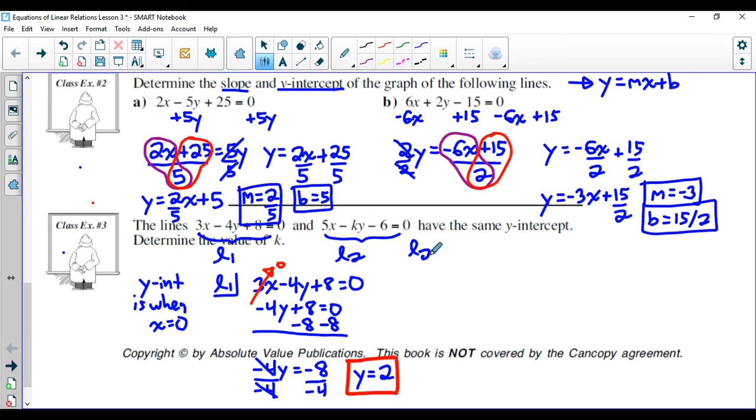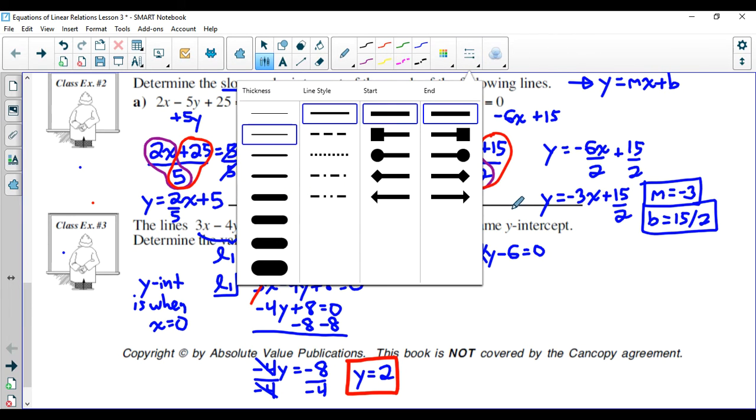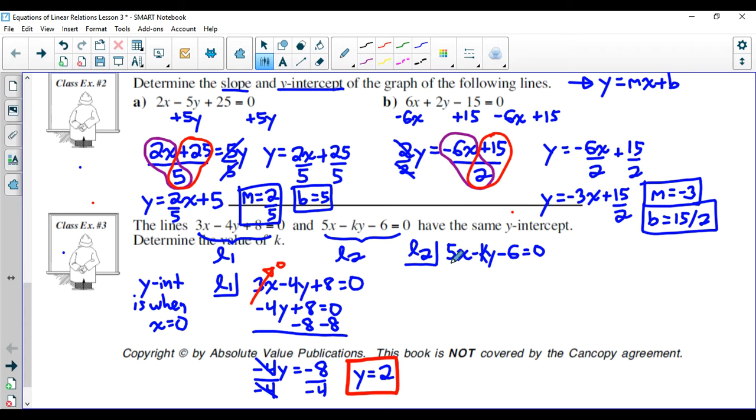Now let's do the same thing for the second line. So for line 2, let's try to figure out what the y-intercept is. Okay, so the second line has a general form equation of 5x minus ky minus 6 is equal to 0. And again, when we're finding the y-intercept, it's the value of y when x is equal to 0.